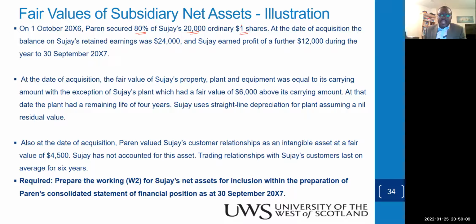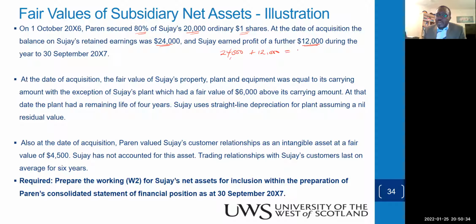Okay. At the date of acquisition, the balance on the subsidiary's accounts retained earnings was 24,000. And then the subsidiary earned a further profit post-acquisition of 12,000. Okay, so you realize that pre-acquisition or at acquisition was 24, and then post-acquisition was 12.